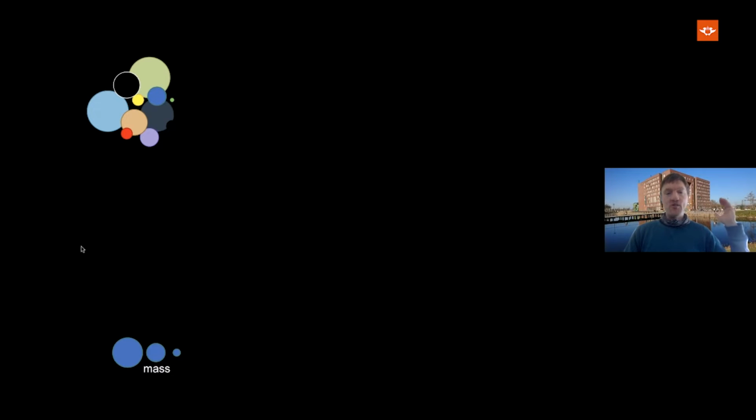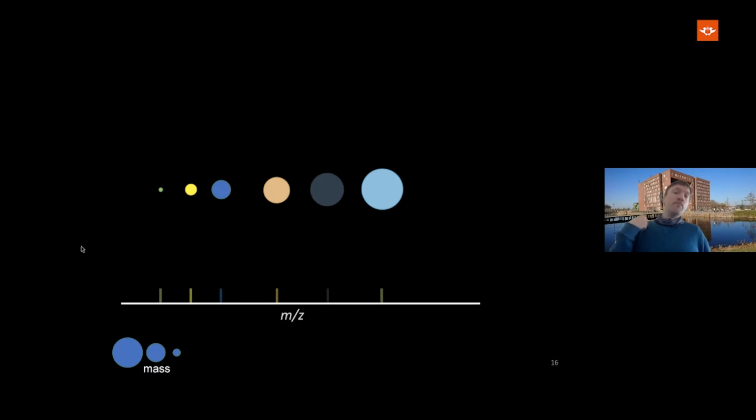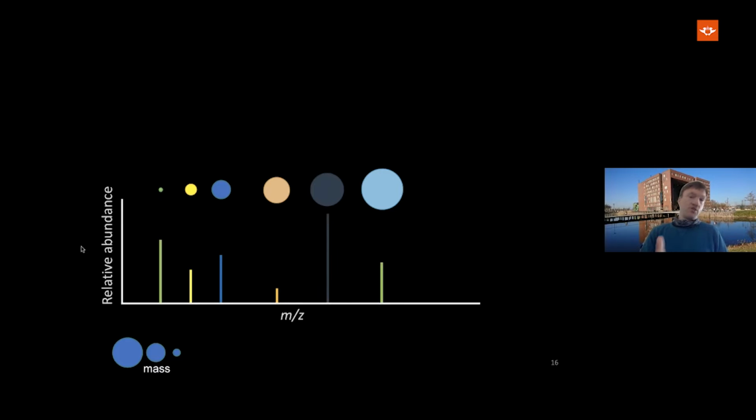We have various masses coming from the molecules that are in your extract, and typically in a mass spectrometer they are somehow concentrated and then measured, detected, and then separated based on the mass over charge ratio. Small molecules on the left-hand side, the larger ones on the right-hand side, and we can also get a relative intensity. And then you get your mass spectrum, right?